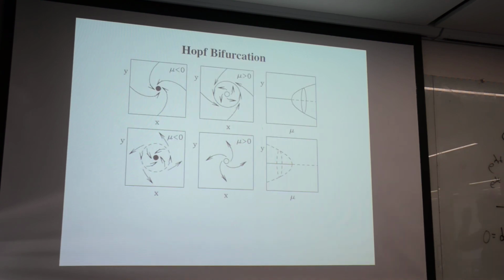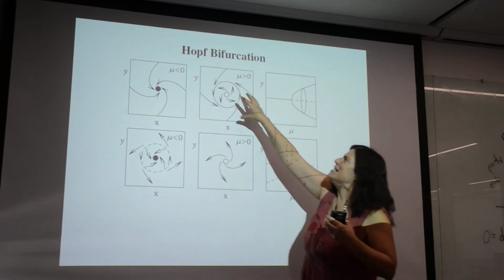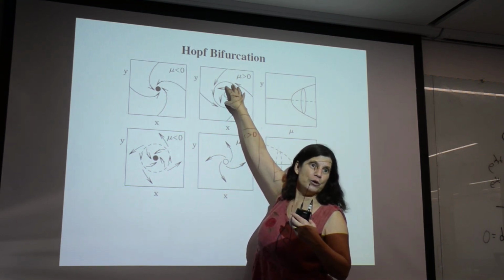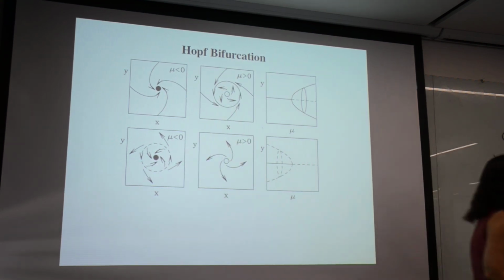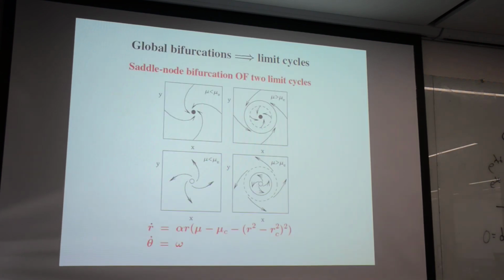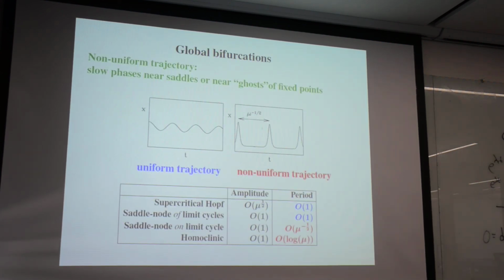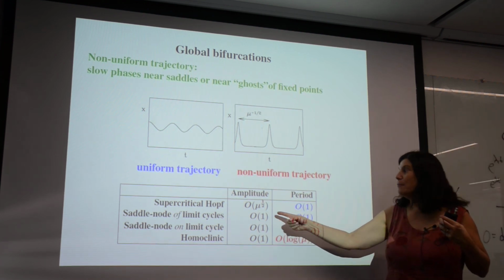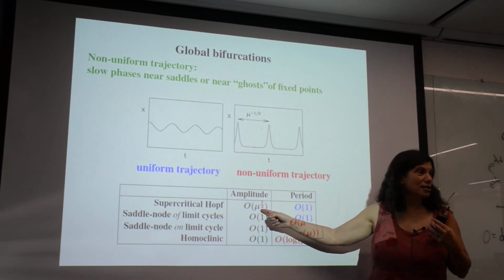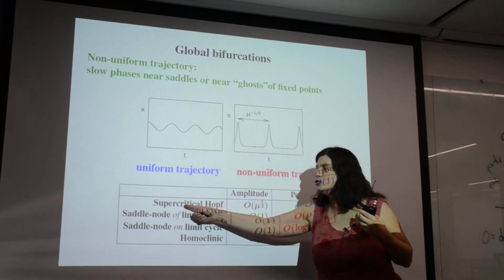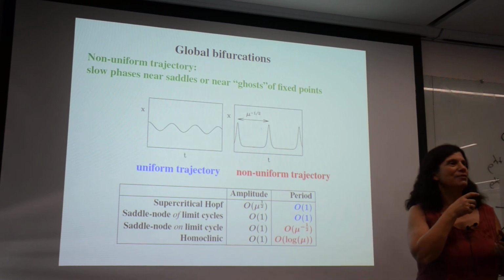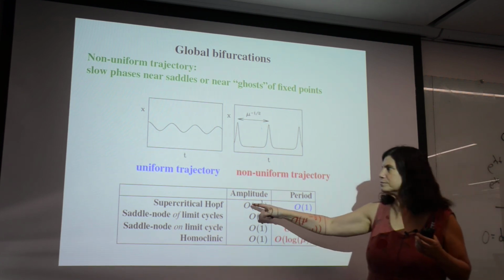That's when I told you to squint your eyes and see this as tiny, tiny. If you see a signal in your experiment or your computation, and you change your mu, and the period doesn't change very much, but your amplitude does, then that is probably due to a supercritical Hopf bifurcation. You can look at your data and say, oh, I think maybe I have a supercritical Hopf bifurcation.